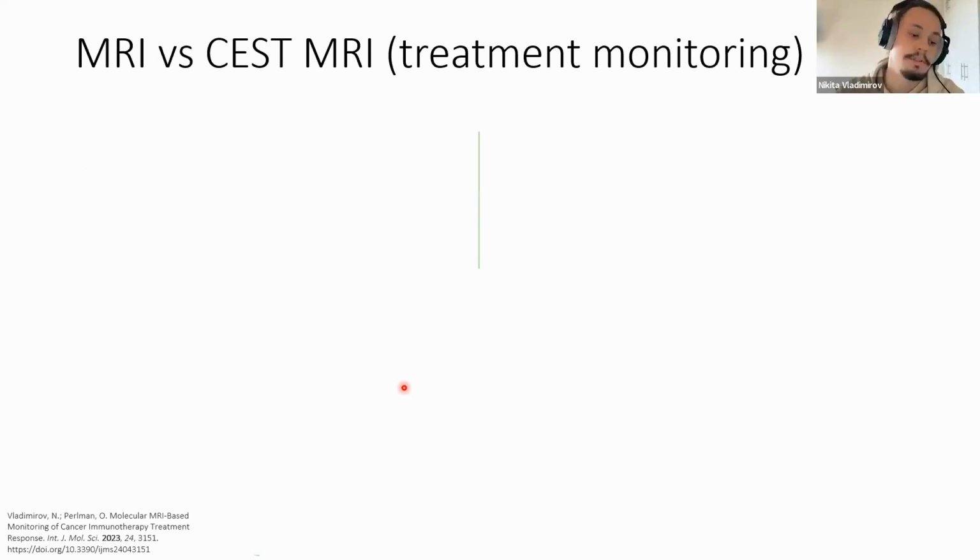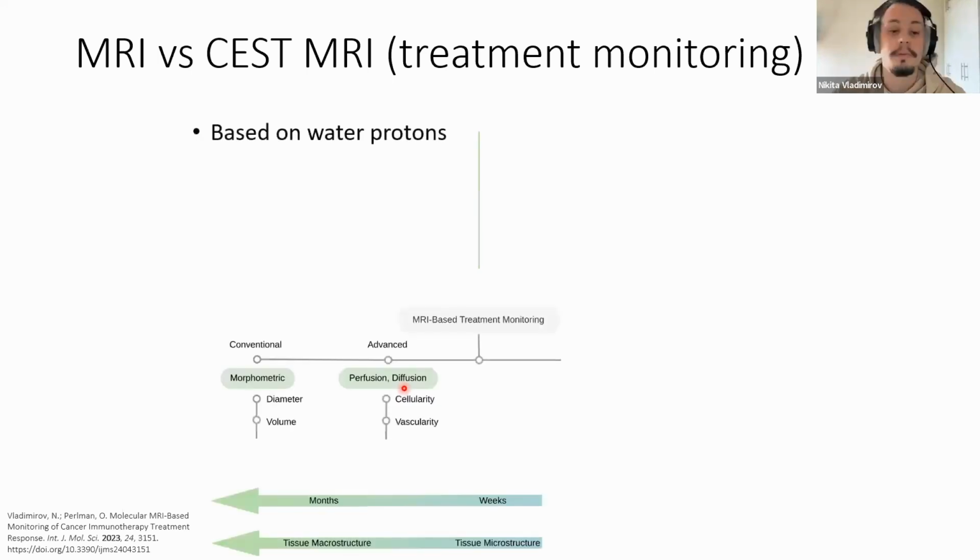Let's consider what's the difference between classical MRI and CEST MRI in the context of treatment monitoring, because all my work is performed in the context of treatment monitoring. So the classical conventional MRI is based on the water protons. On the diagram, you can see that usually we have two main parts of conventional MRI: conventional MRI and advanced MRI.